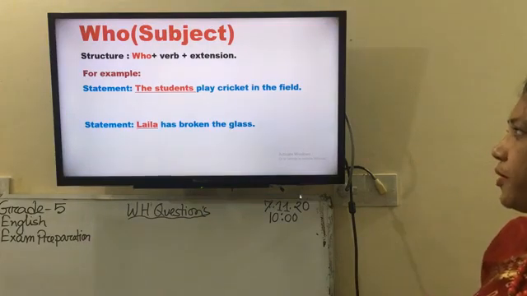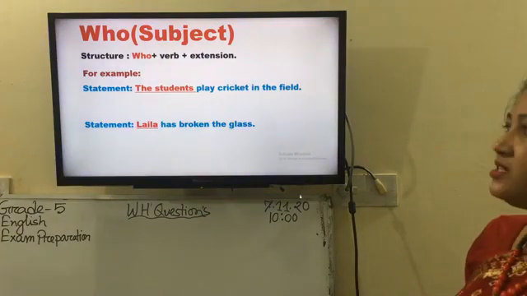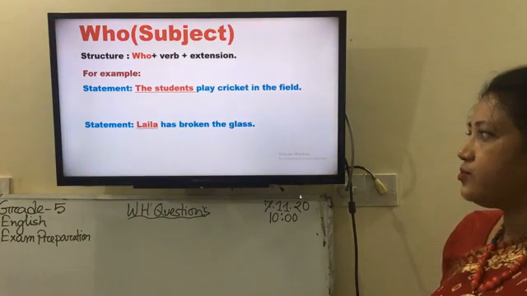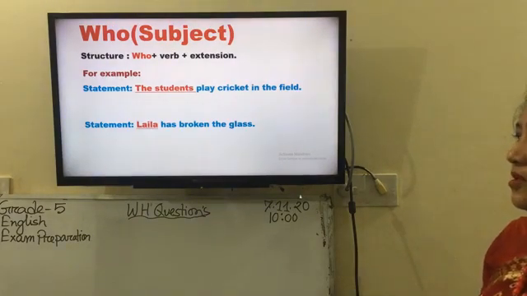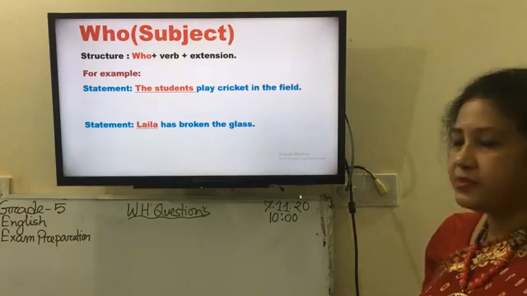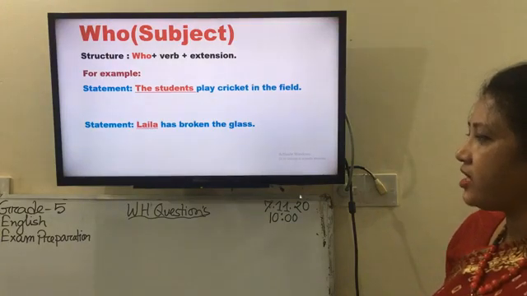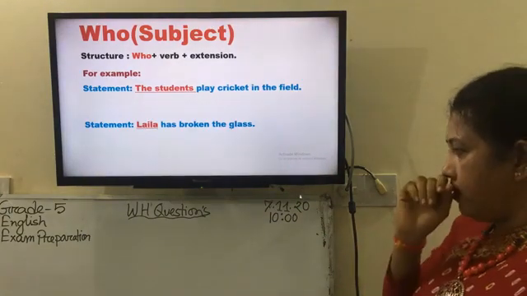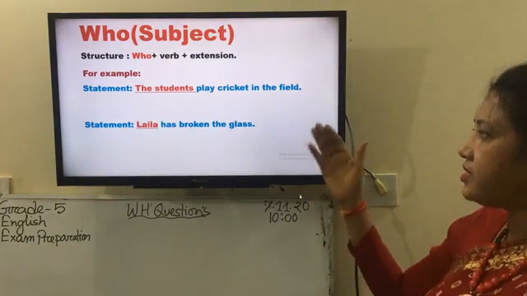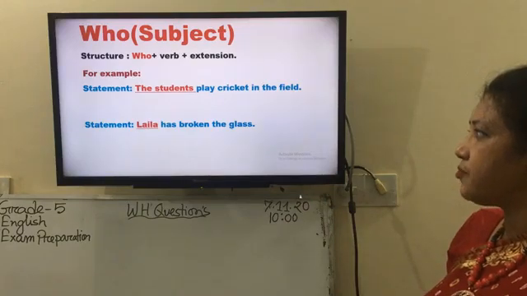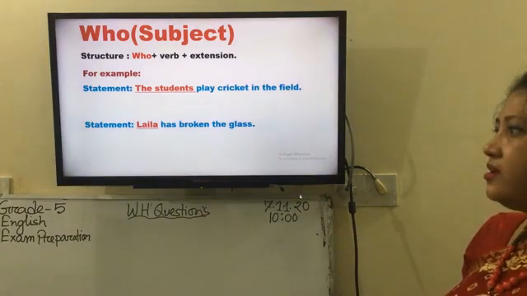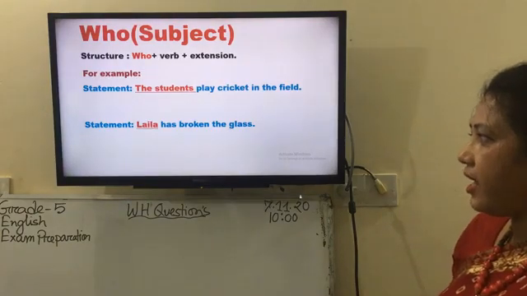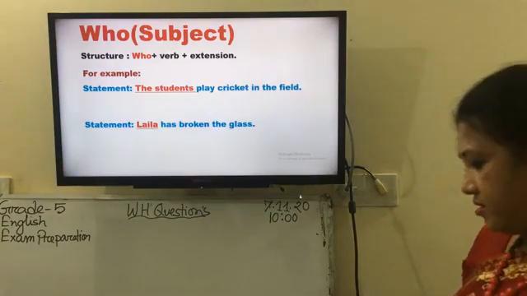Next one is the second example: Laila has broken the glass. This is Laila, the subject, underlined.